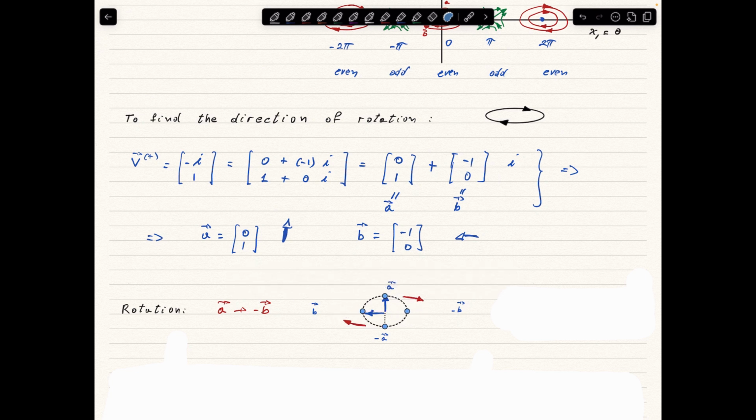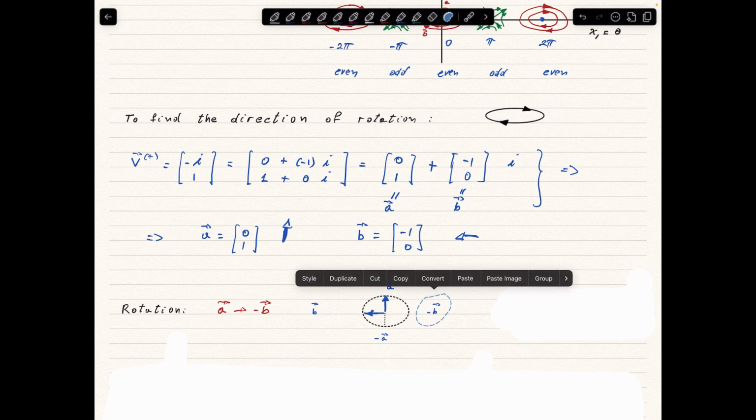There. Okay, and now these vectors are outside. So this is what we get, and now the direction of rotation is in the direction a, negative b. The negative b, let's put it here. There. So this is the direction of rotation.